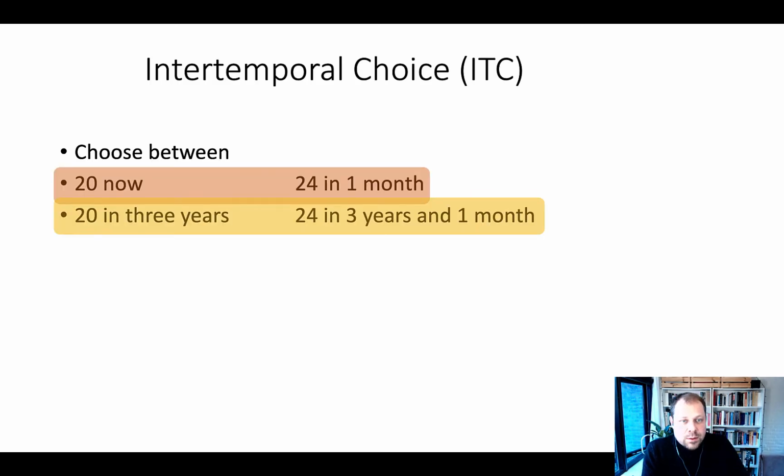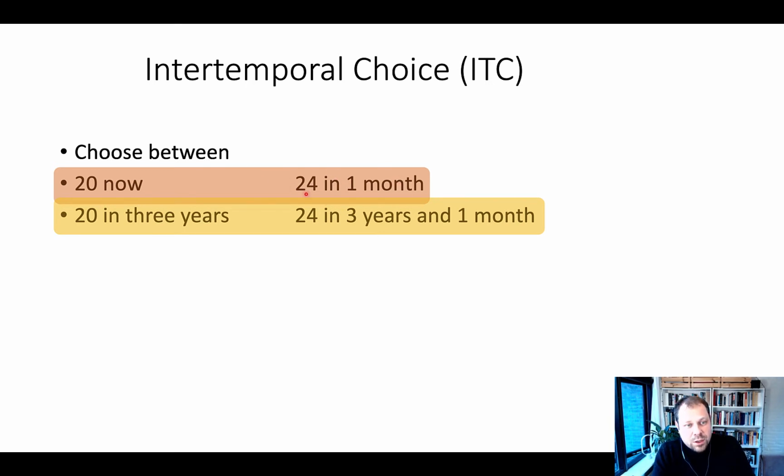So let's talk about the experiments that are commonly conducted to study intertemporal choice. What's typically done is we give our participants a decision between some smaller but sooner outcome and a later but larger outcome. So in this case, in the orange case, that's the option of $20 that could be received right now, or $24, sorry, that could be received in a month from now.